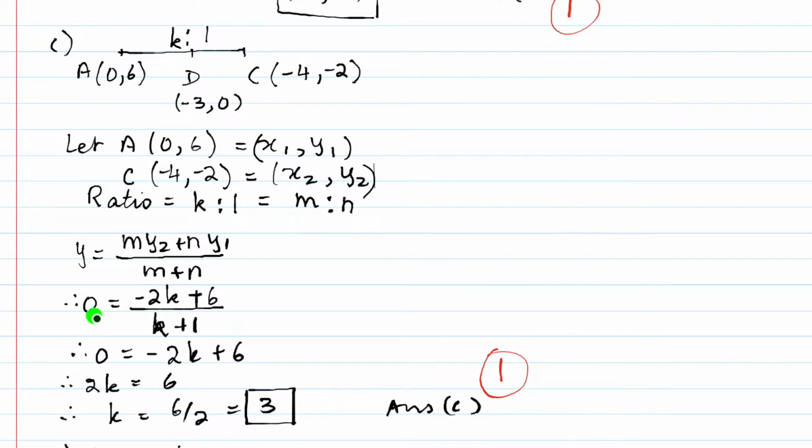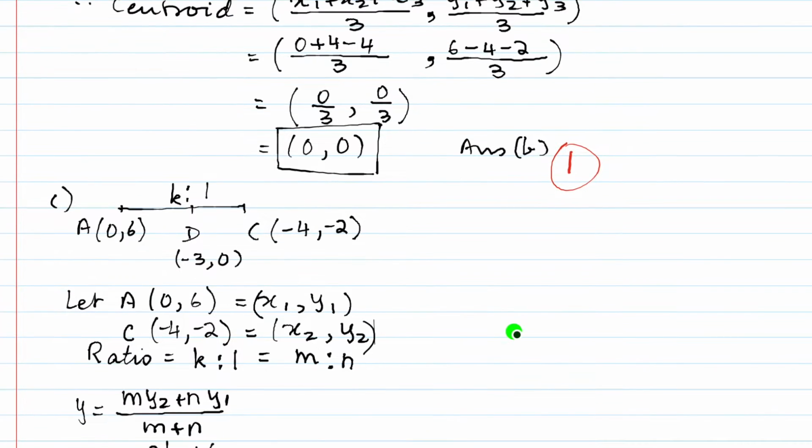So we write y equal to 0, and my2 will be k into -2, that is -2k. Then this one into this 6, so that will be 6 upon k plus 1. And if you cross multiply, you will get 0 equal to -2k plus 6. -2k comes this side, 2k is equal to 6, k equal to 6 upon 2, which is 3. And that is our 1 mark.